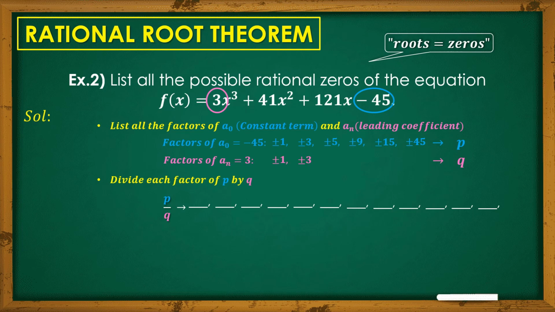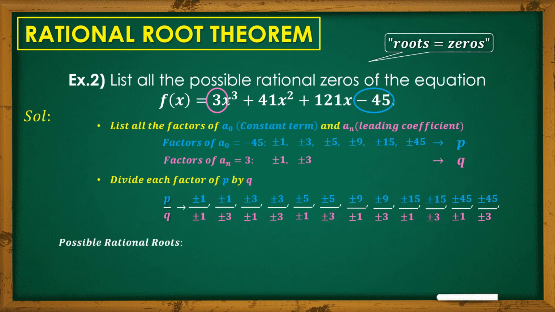So, isa-isahin ulit natin. 1 over 1, 1 over 3, 3 over 1, 3 over 3, 5 over 1, 5 over 3, 9 over 1, 9 over 3, 15 over 1, 15 over 3, 45 over 1, and 45 over 3. But of course, we need to simplify to get our final possible rational roots.